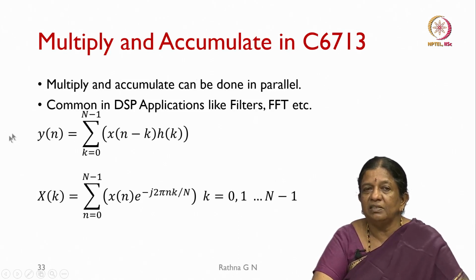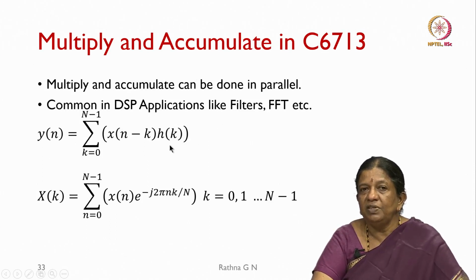So, what is their equation, what is shown here. Here y of n is the sum of x of n minus k, that is my input, and this is my filter coefficients h of k. You would have seen that this equation looks like your convolution equation.